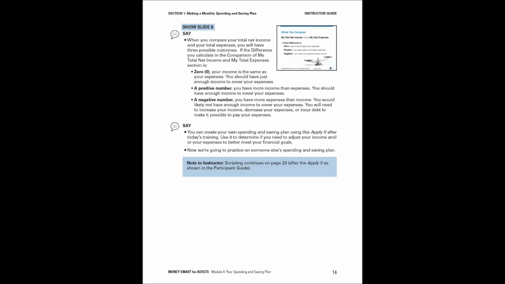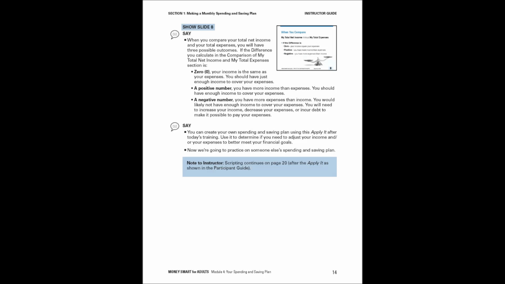Slide number 8 goes into the comparison once the participants get down to doing the math between their income and expenses, and then calculating what the differences are. There are 3 particular outcomes: 0, positive, or negative, and you'll explain what all those mean based on the instructions in your instructor guide.